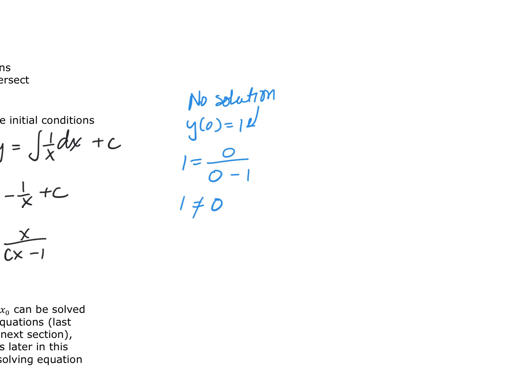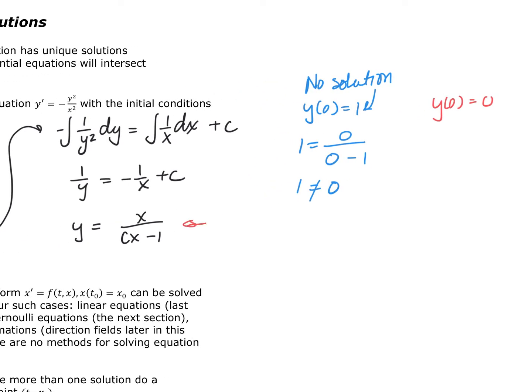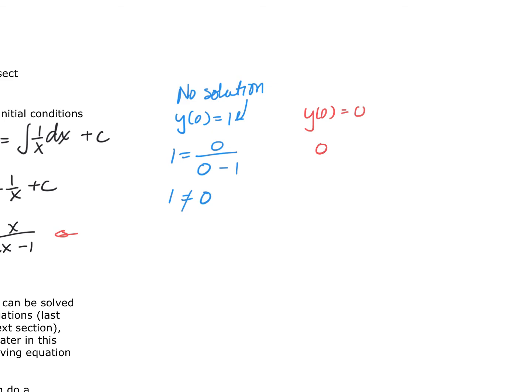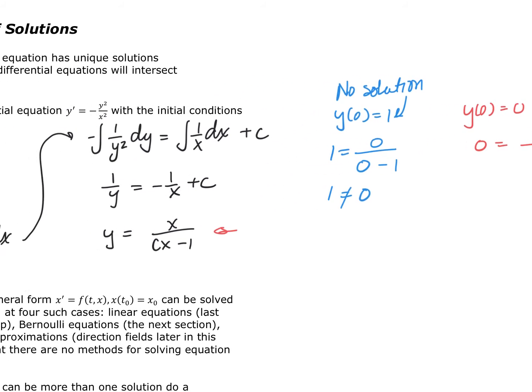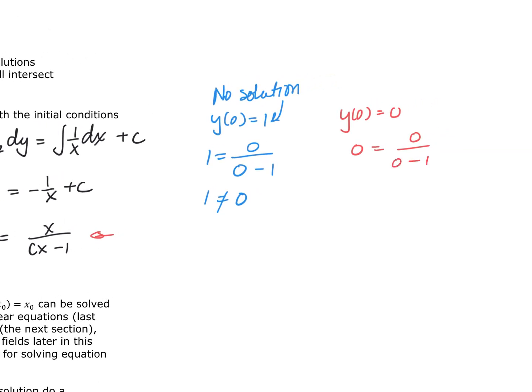The second initial condition I have is y of 0 is equal to 0. Again, I'm going to put it into this equation right here, and I get 0 is equal to 0 over 0 minus 1, and this is a true statement, so I get 0 is equal to 0.